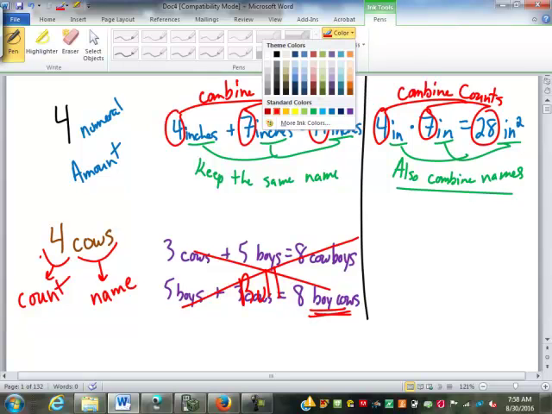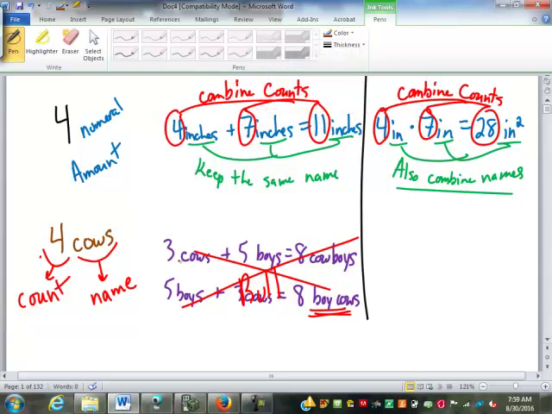The point being, when we add numbers, we're going to keep the same name, which implies we had to start with the same name. Inches and inches, we kept it as inches. Down here, we didn't have the same name, so we don't know which one to keep. So we can't combine them if they don't have the same name when we add.